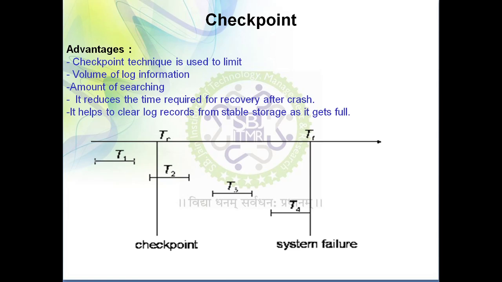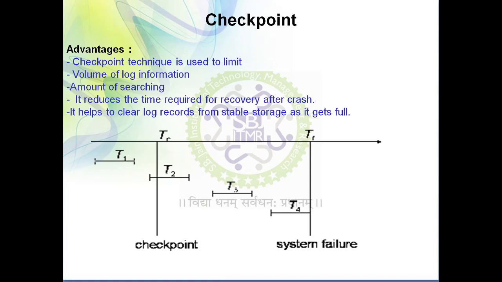In this way the checkpoint helps make the recovery process faster. Since the point is set, we understand up to what point we need to scan our log in a backward direction. Next we discuss the benefits of checkpoint. The checkpointing technique is used to limit the volume of log information.